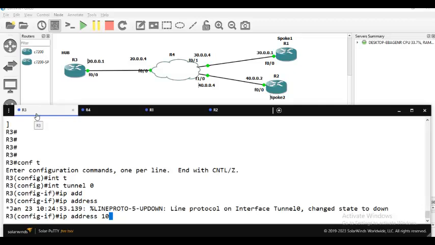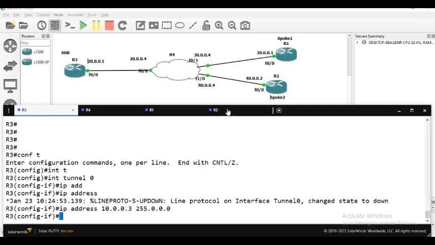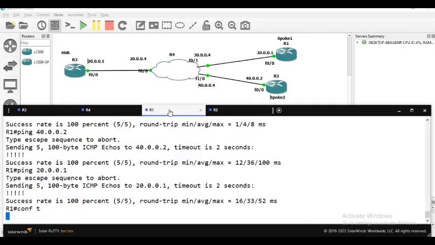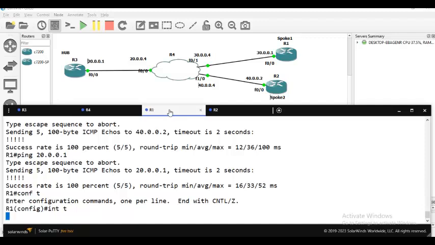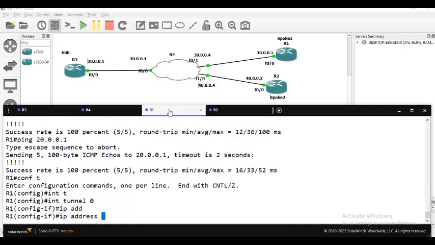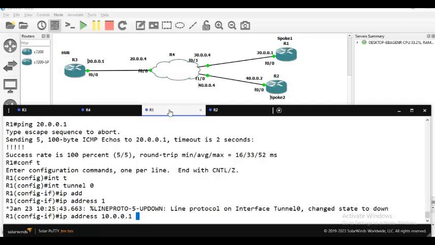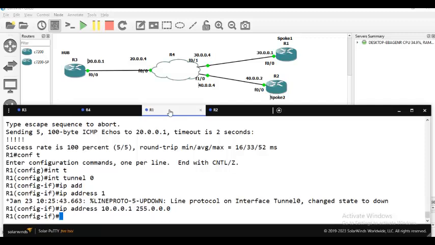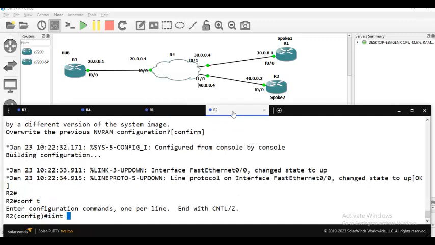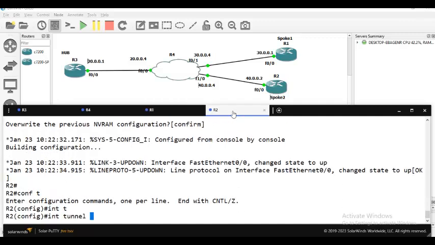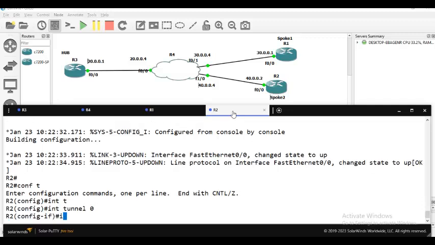Whereas on the spokes, interface tunnel 0, IP address is 10.0.0.1, 255.0.0.0. And then on the other spoke, interface tunnel 0, IP address 10.0.0.2. Done.